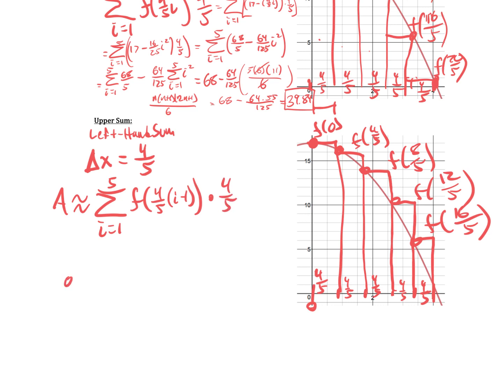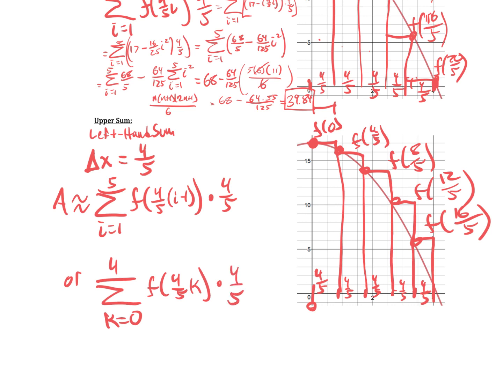Another way we could do this is we can also change our index and say this is i equals 0 to 4, and this is f of 4/5. You know what, let me use a different letter here just so we can keep things clear. k, 4/5 k times 4/5.